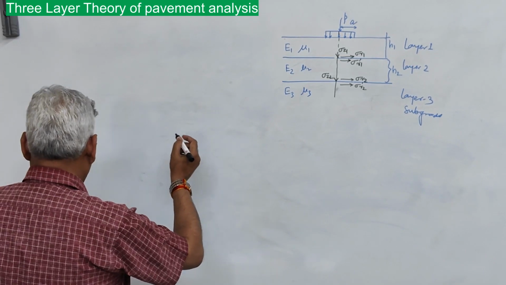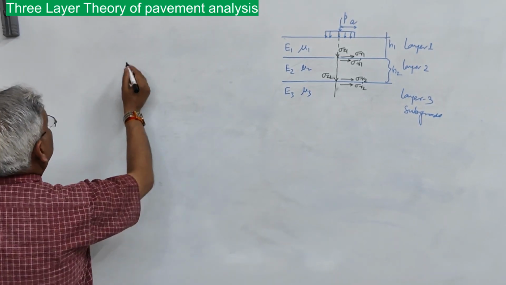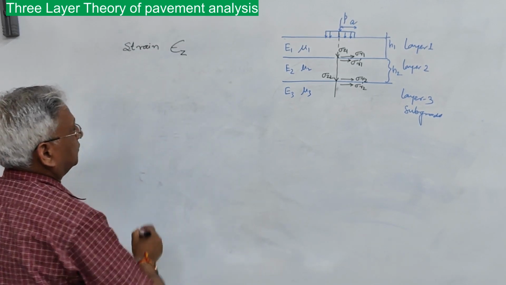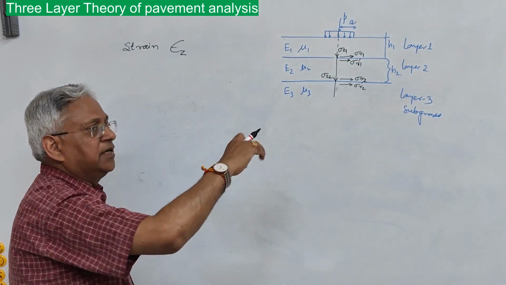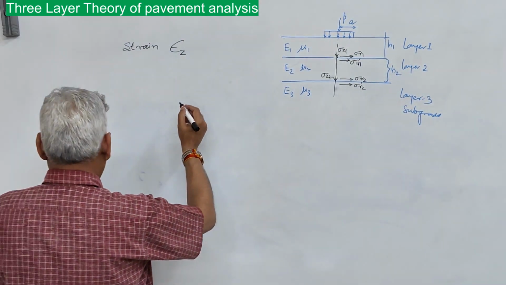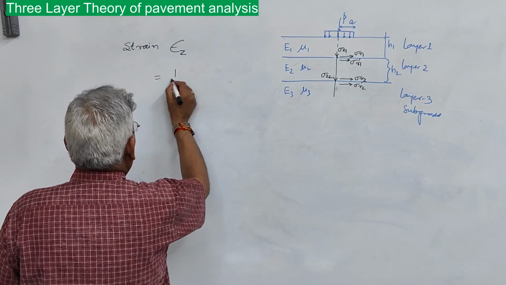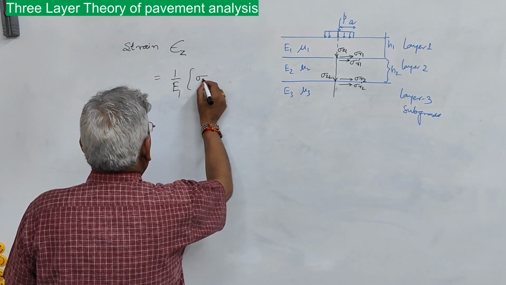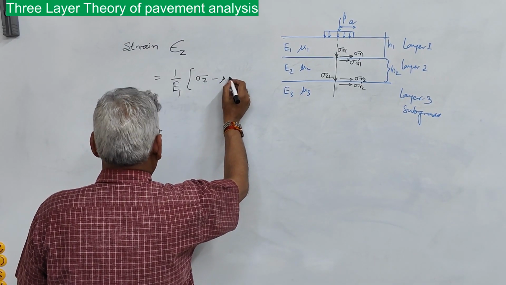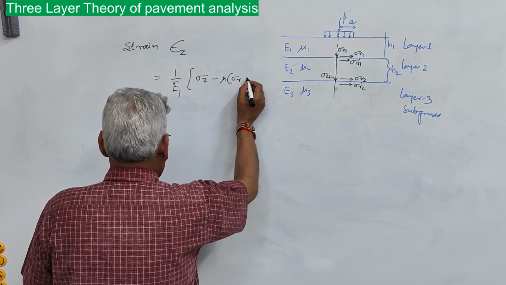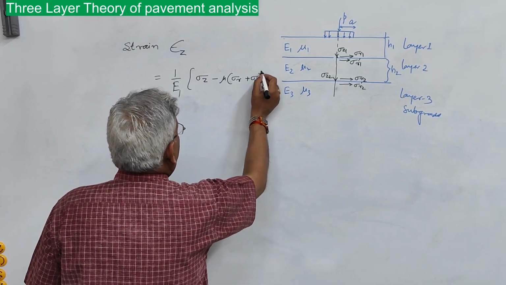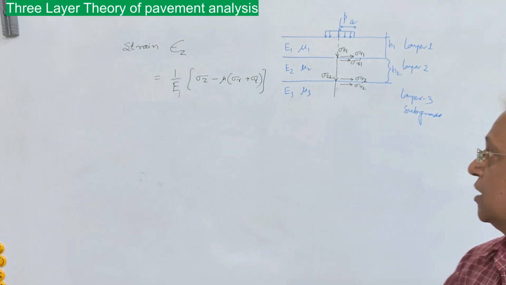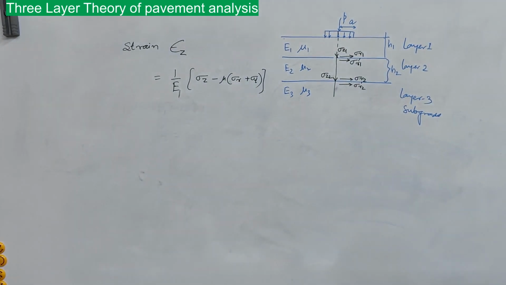Now the vertical strain, epsilon z, this is a general equation of strain, and this is equal to 1 upon E into sigma z minus mu times (sigma r plus sigma t). Now sigma t is tangential stress, sigma r is radial stress, sigma z is vertical stress, and mu is the Poisson ratio.